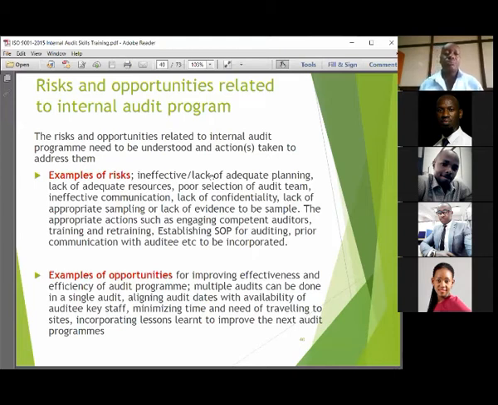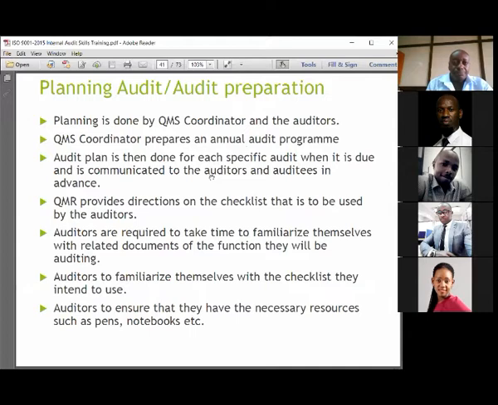You can use the same resources, but I don't expect us to do that at this stage. And so forth: minimize time and need of traveling to sites, incorporating lessons learned. So those are the risks and the opportunities in a program.